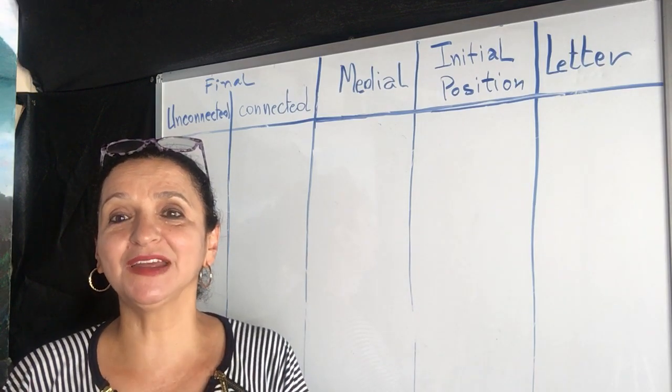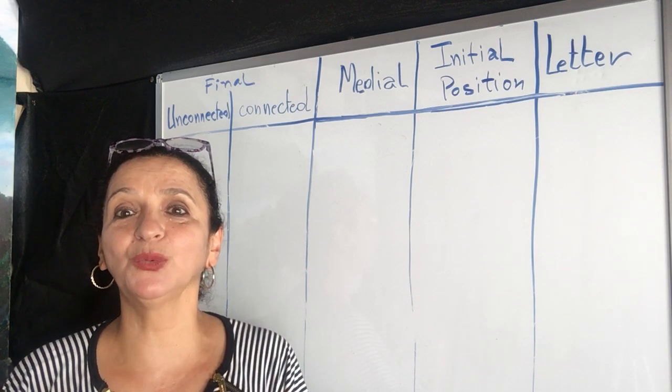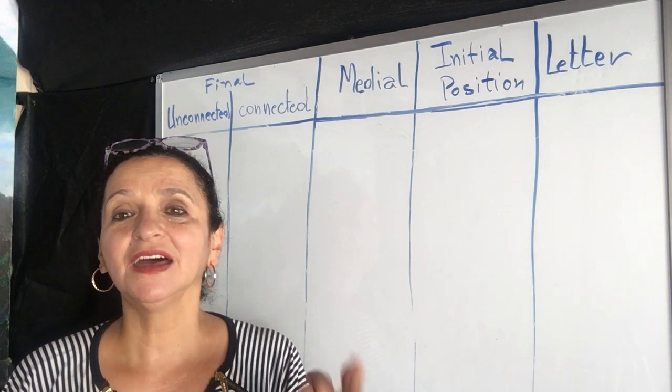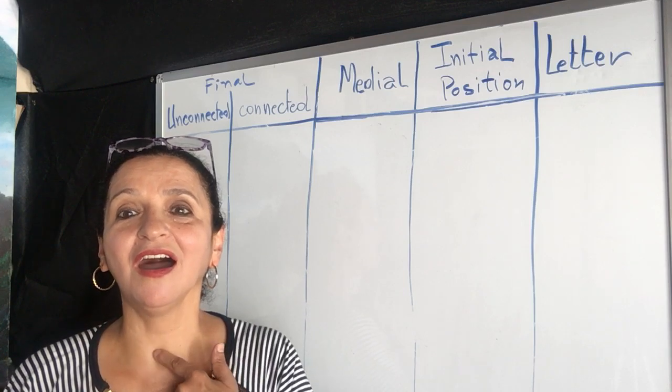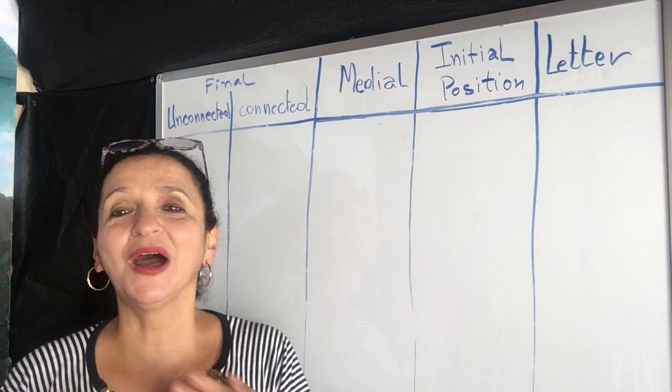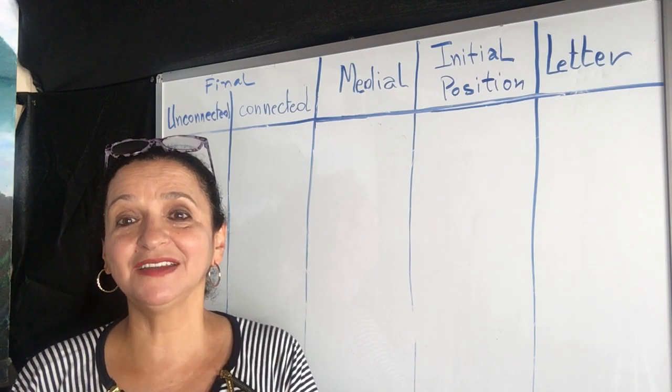So now I'm gonna do the next ones, which are عين and غين. A, and غ, غ, غ. So how do we write عين and غين?